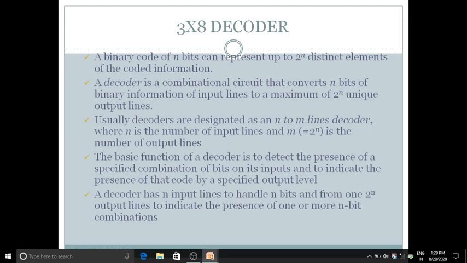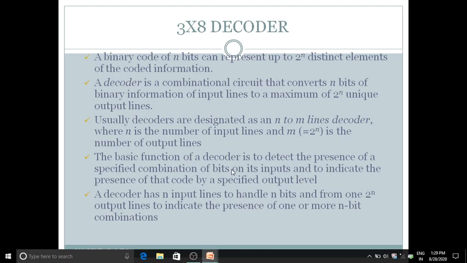One is 0, other is 1. Similarly, if I have a binary code of 2 bits, then it can represent 2 power 2, that is 4 distinct elements of the coded information, and they are 0 0, 0 1, 1 0 and 1 1.